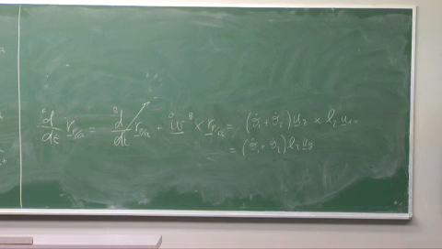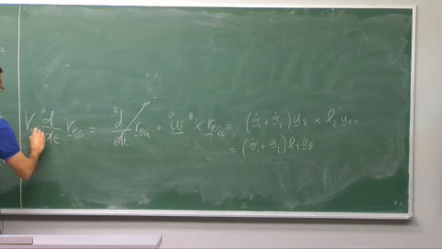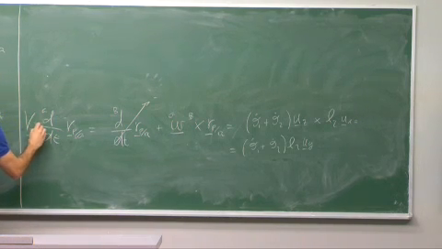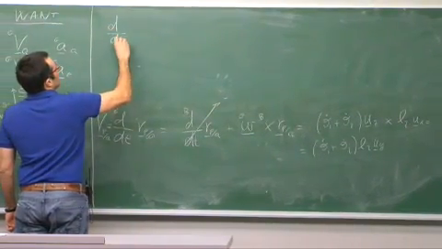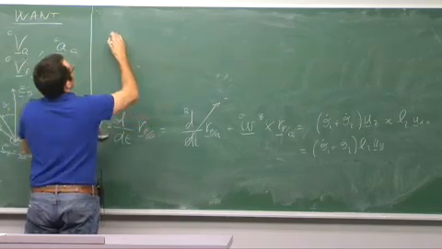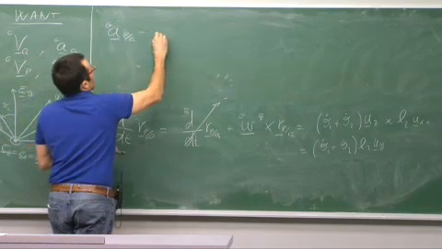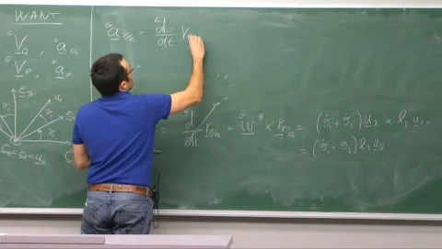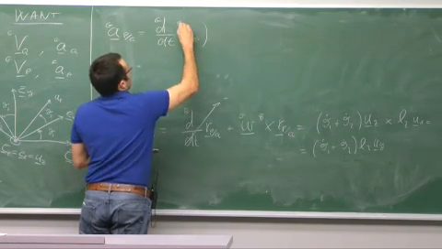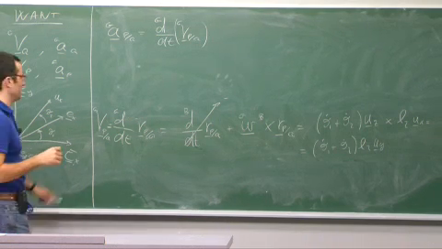Okay, so then I have to do the derivative of, remember, this was the velocity of P with respect to Q as seen by an observer fixed to the ground. So I take the derivative of this now. Let me write what it is. The acceleration of P with respect to Q in the ground is d dt in G of the velocity of P with respect to Q in the ground. Guess what I have?